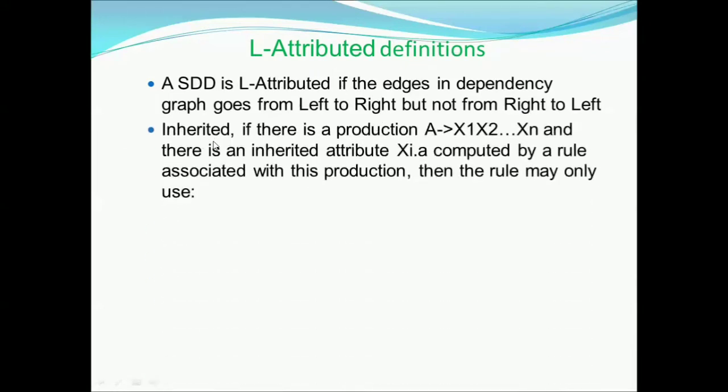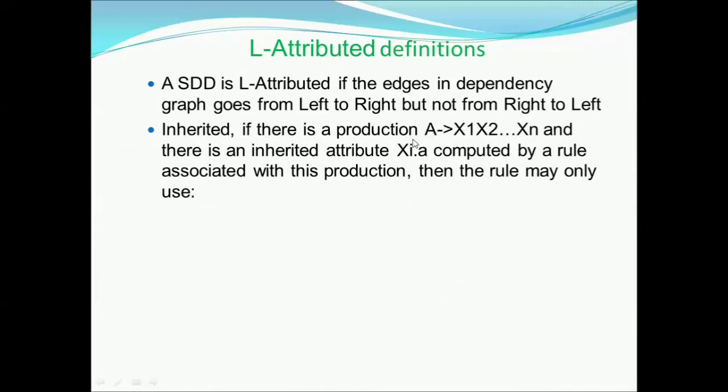So in case of inherited, if there is a production A tends to X1, X2 up to Xn, you know that this is a production, and there is an inherited attribute Xi.a. Assume that one of the variables has an inherited attribute computed by a rule associated with this production.